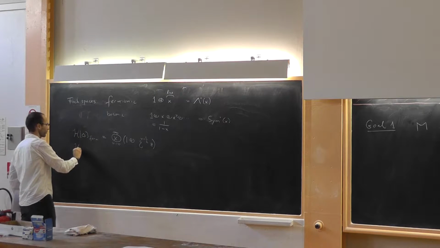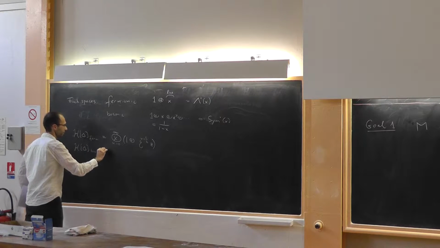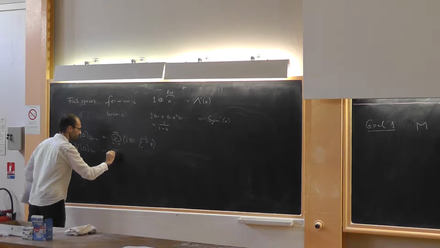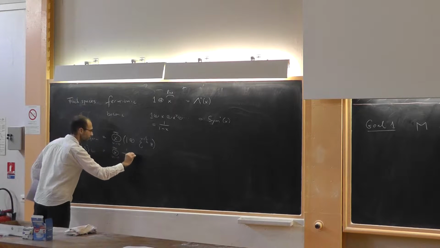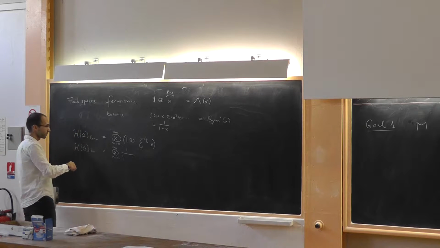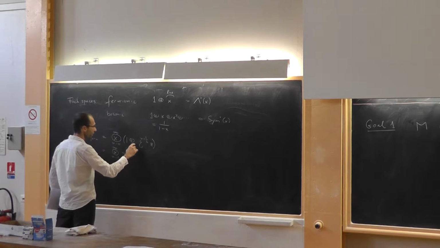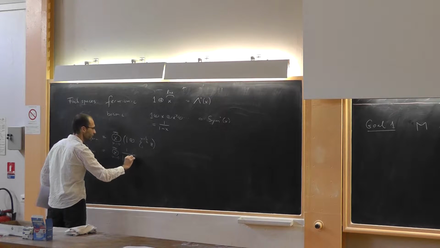And there's a bosonic version, which is a tensor product of an infinite number of bosonic spaces, but now there's going to be a t involved.